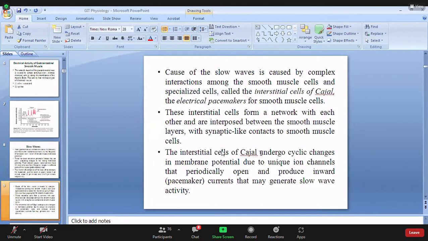Okay. And what is the cause of this slow wave? কে বলতে পারবে? এখানে একটা pacemaker cell আছে, নাম বলো তো। There is a pacemaker cell here. Who can tell me the name? Interstitial cell. Interstitial cell of একটা নাম আছে. Yes.